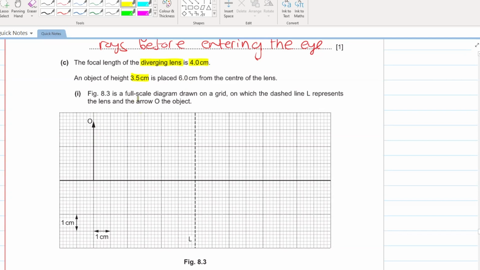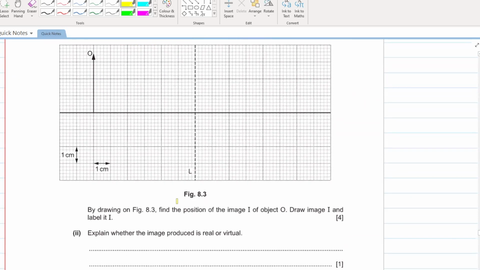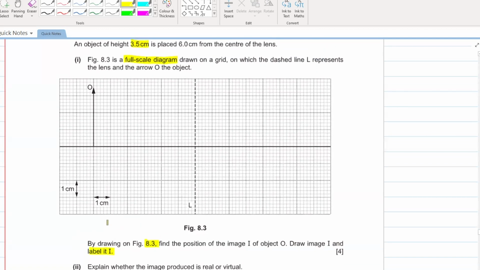Figure 8.3 is a full scale diagram drawn on a grid on which the dashed line L represents the lens and the arrow O is the object. By drawing on figure 8.3, find the position of the image of object O. Draw image I and label it I. First and foremost, we draw the focal length.